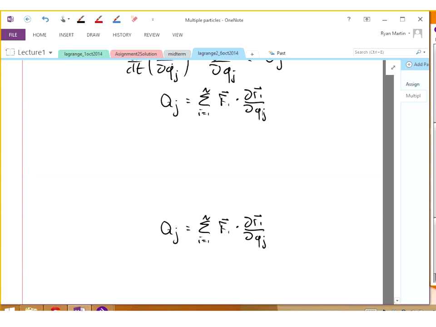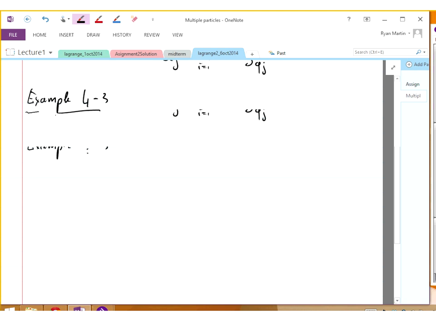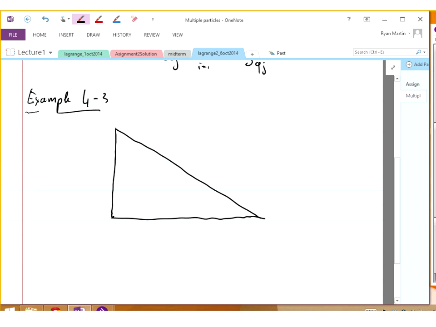So let's do an example with multiple particles in it. This is example 4.3 from the notes. And it's just the two-particle version of the example we did last time. So we have an inclined plane with an angle theta.